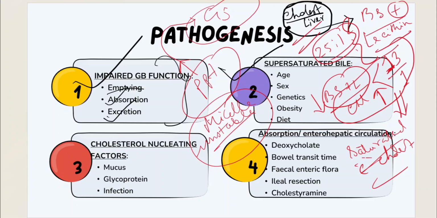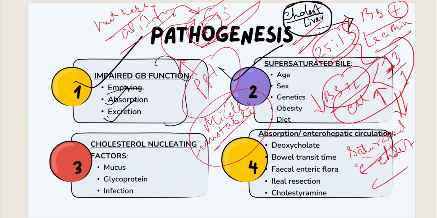Other factors can induce it, for example heat labile glycoprotein, some infestation, GB motility disorder. All those lead to gallstone formation.